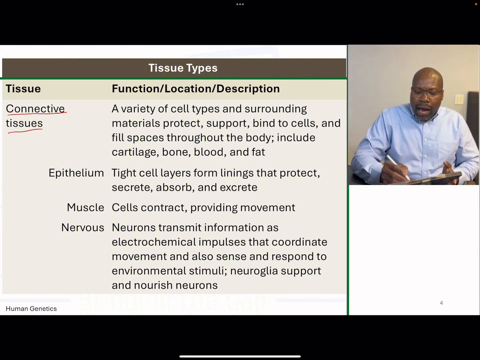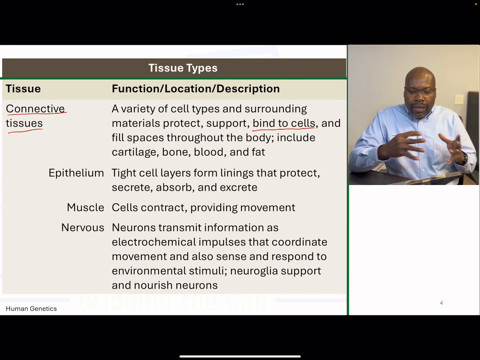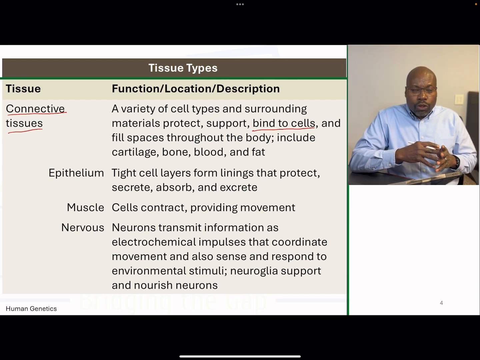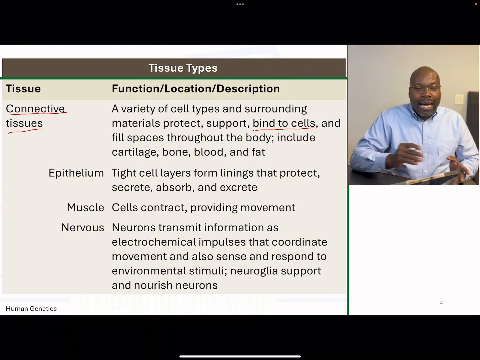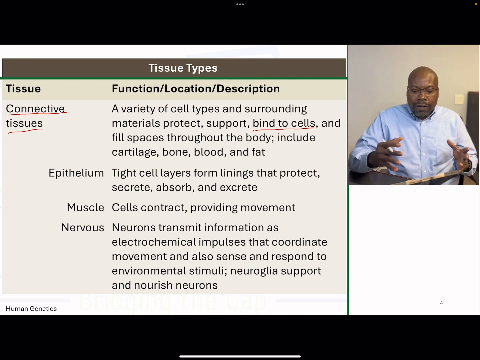Some of them are going to bind cells together, right? So that you can have a matrix on which cells are attaching, right? The connective tissues are found throughout the body, filling up spaces, right?